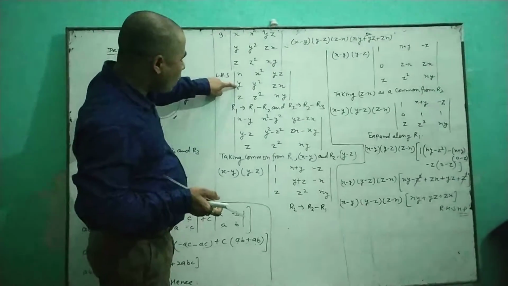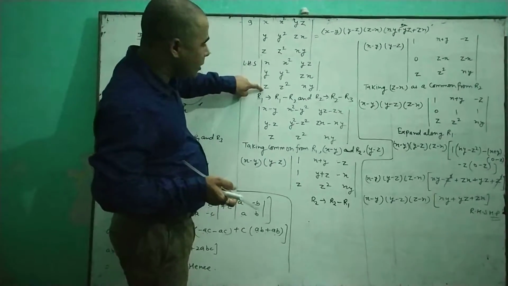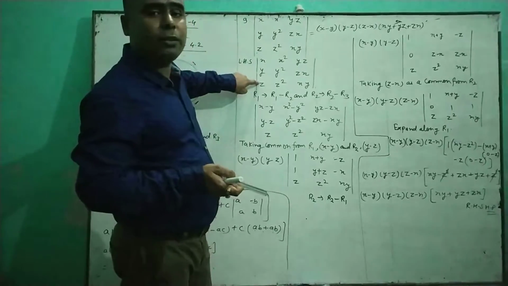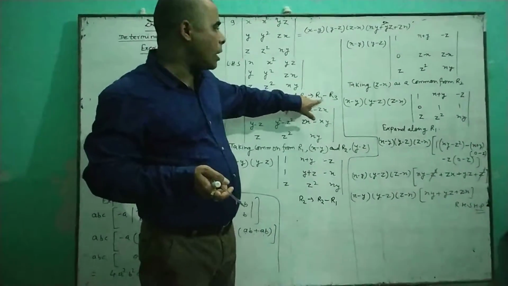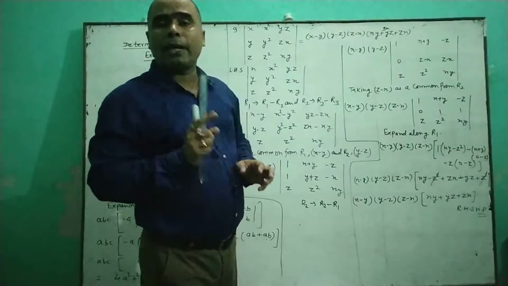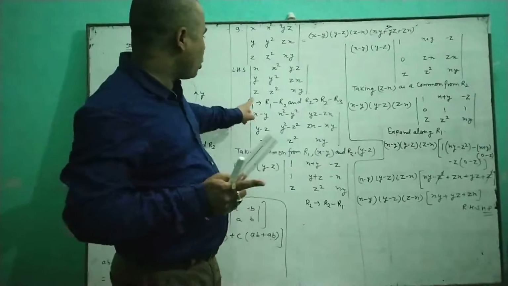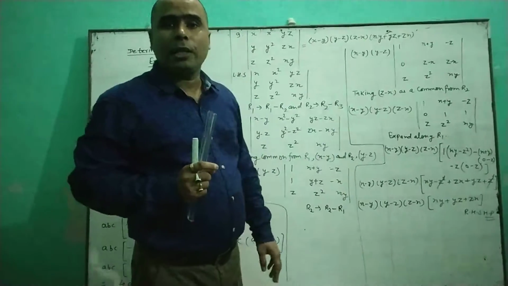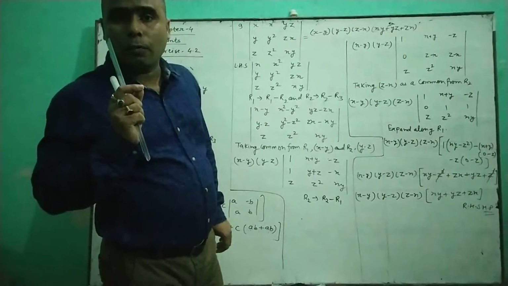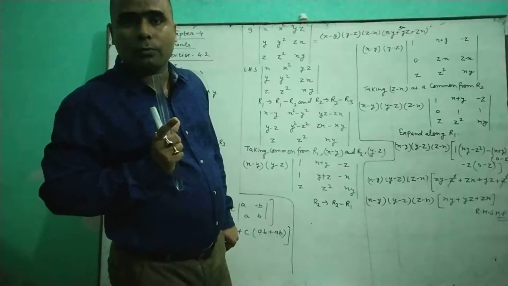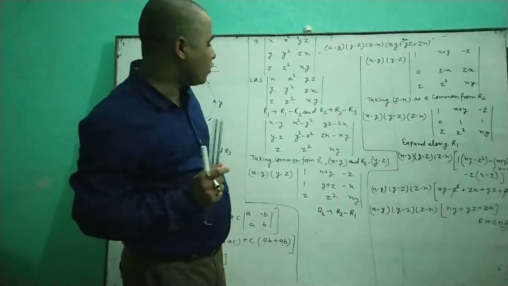When R2 tends to R2 minus R3, it means y minus z. In a step, a maximum of 2 properties we can use, not a third. If we do, the question and solution will be wrong.